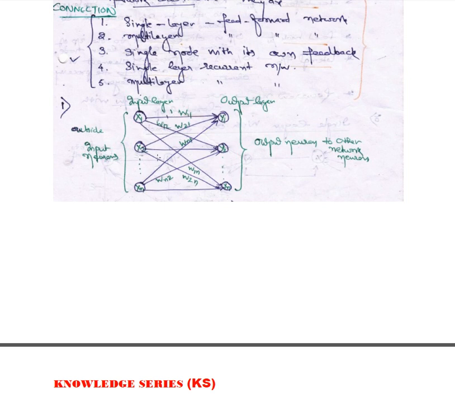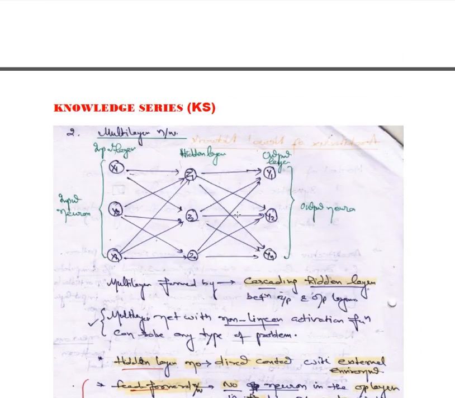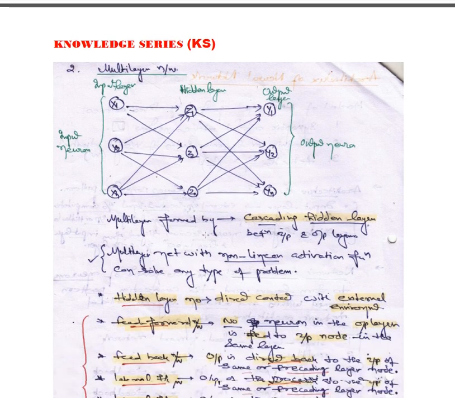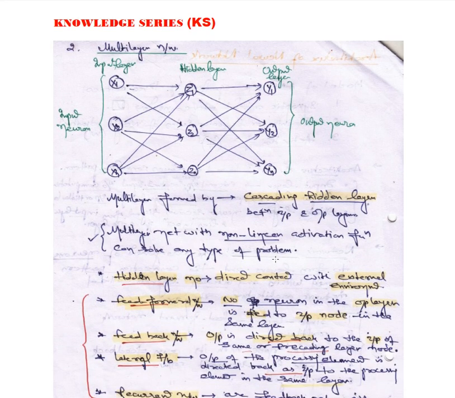This is not a single layer recurrent network, it is the non-recurrent network which we have shown previously. This is a multi-layer network showing input layer, hidden layer and output layer in the form of a recurrent network, with non-linear activation functions.